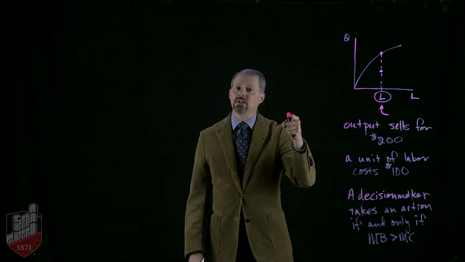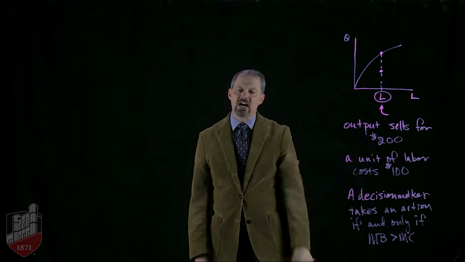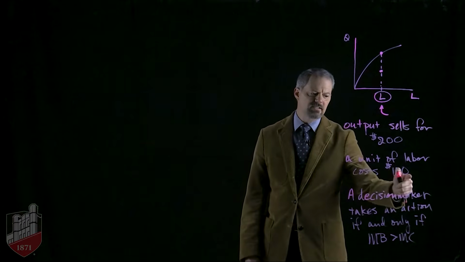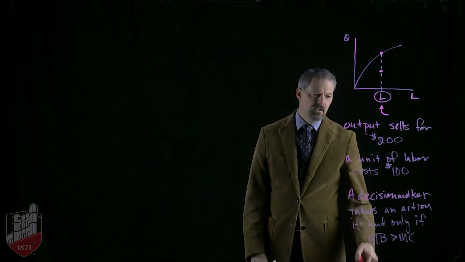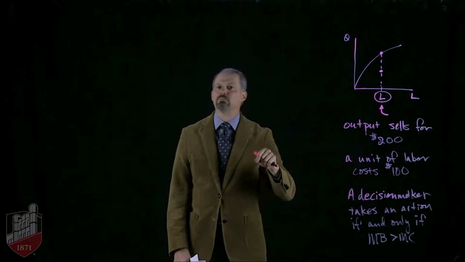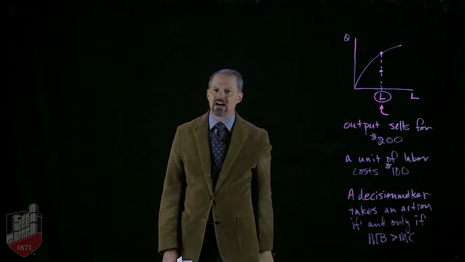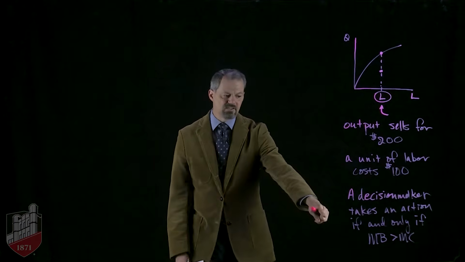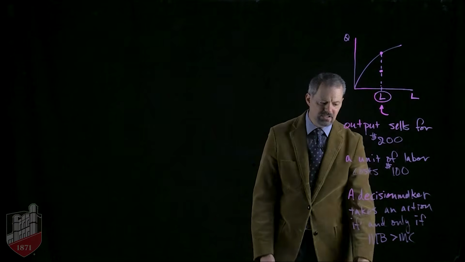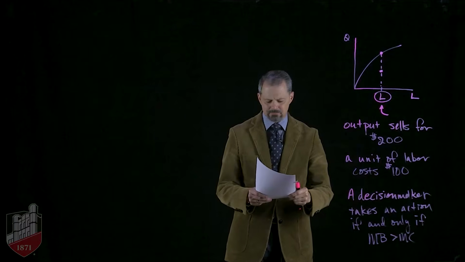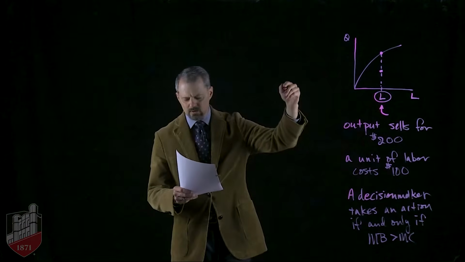Well, I should if the marginal benefit of hiring that unit of labor is higher than the marginal cost. The marginal cost is $100. So if that unit of labor can produce more than $100 worth of output, then I should hire them. It passes the test of you take an action if and only if the marginal benefit is greater than the marginal cost.